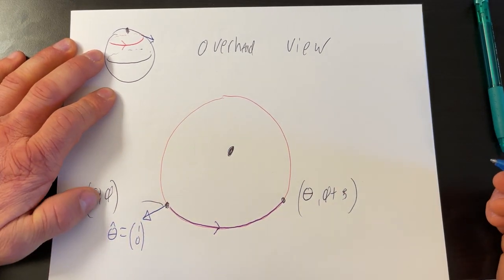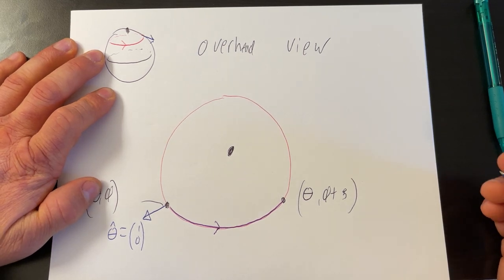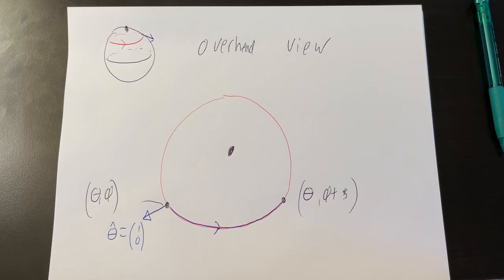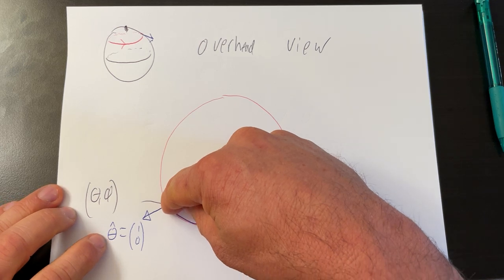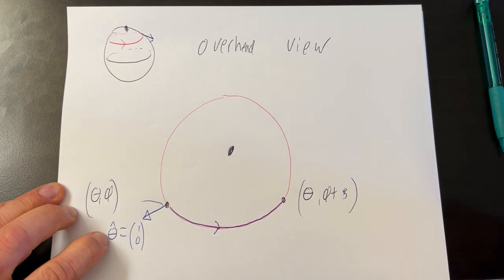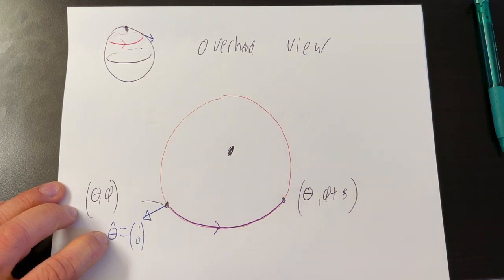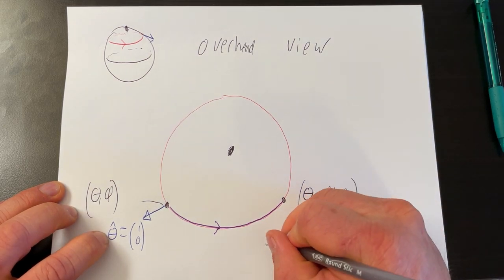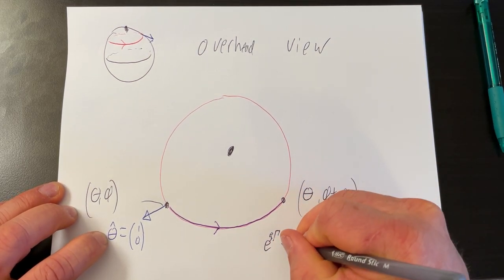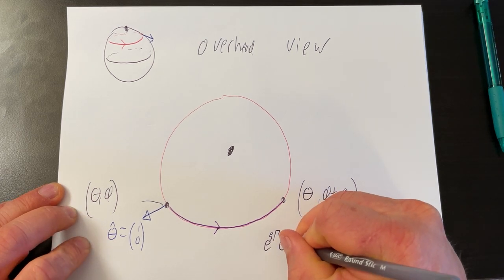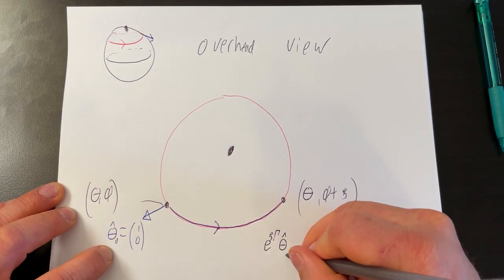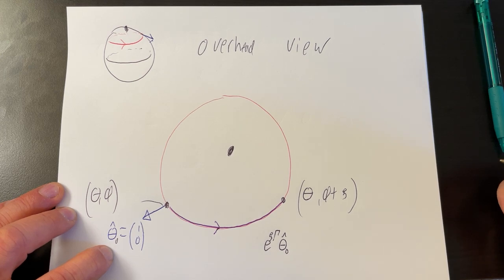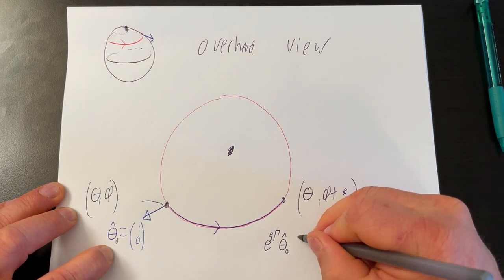So what on earth should we do as we move over here? The idea is that we're going to apply the matrix e to the xi gamma to those components, theta hat, over there at the initial point. That's going to turn into something else.